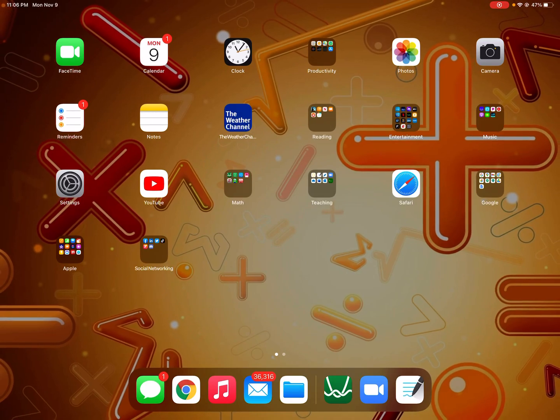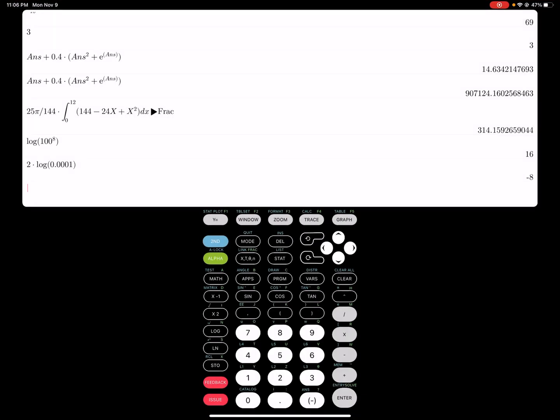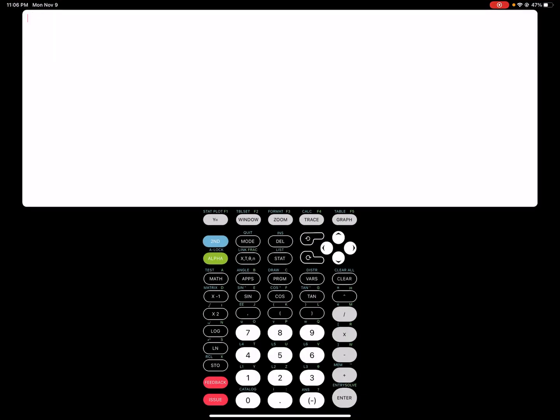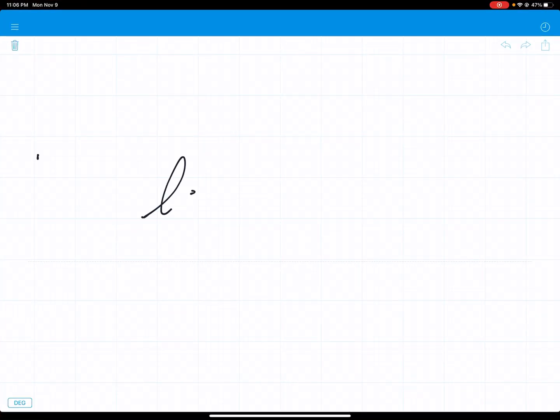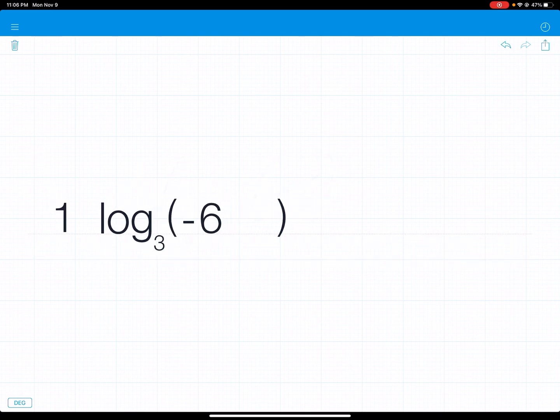I'm going to show you that right now. Watch what happens. In this calculator, if I cleared everything and I said, what is log of negative 3? It's going to tell me it's not a number. And so it knows that you can't log negative values. In this, if I said, what is log base 3 of negative 6?